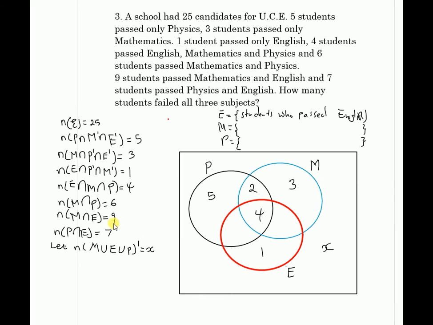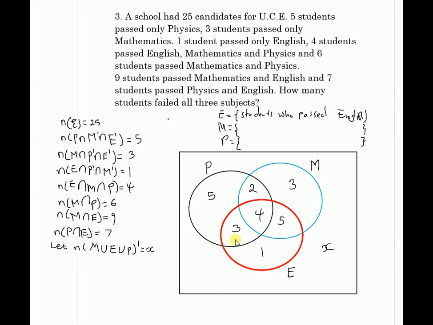And then this 9, M intersection E, is also here, the whole chunk from here around there. So this one should be 9 minus 4, which is equal to 5. Then the 7 is this and that, which will render this one 3.